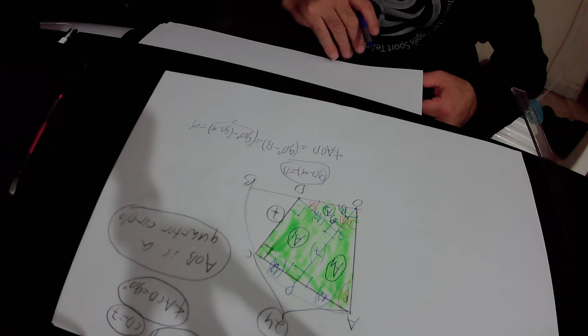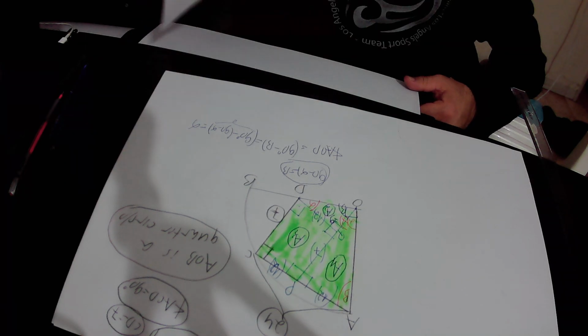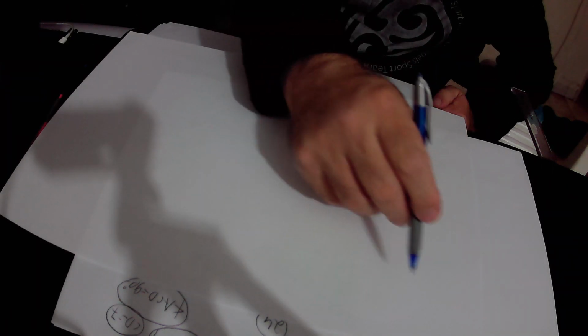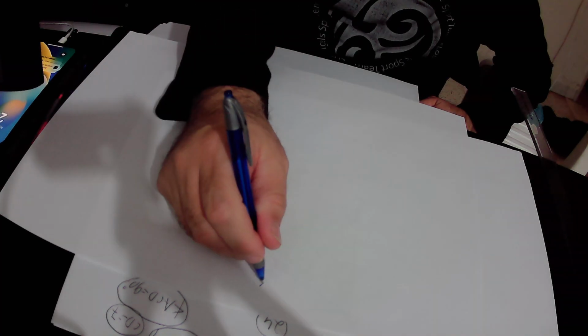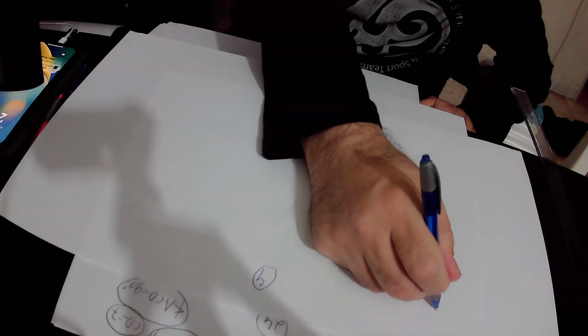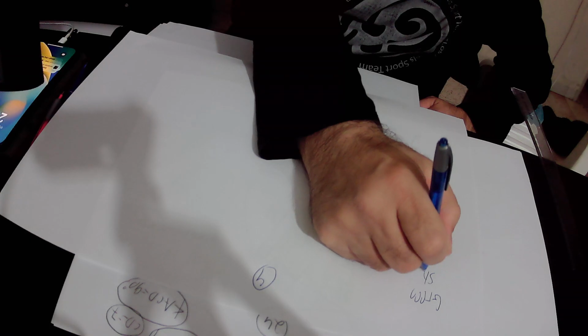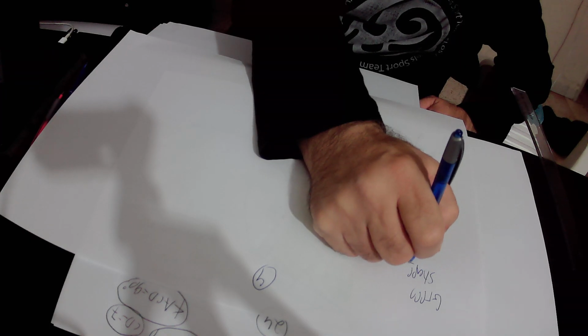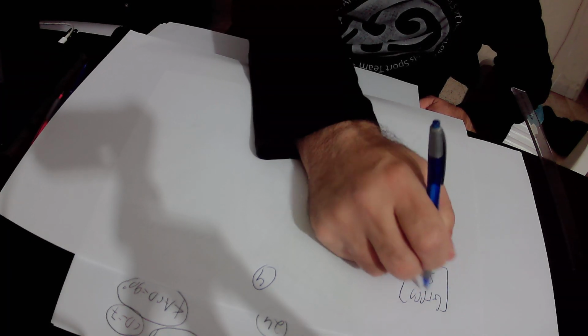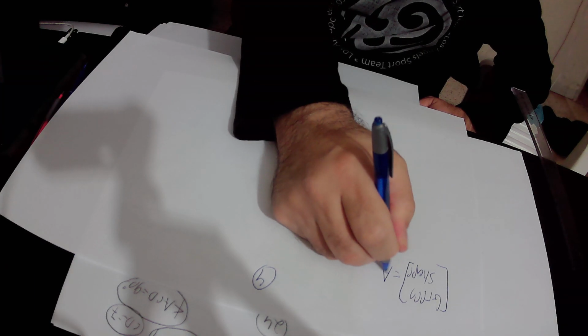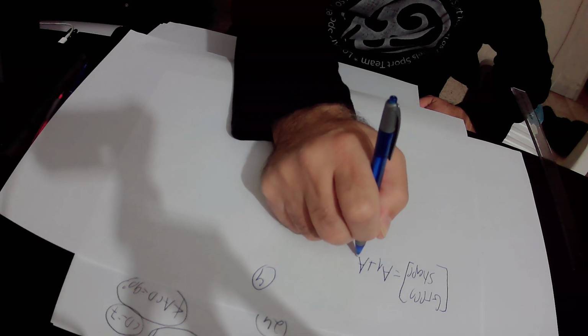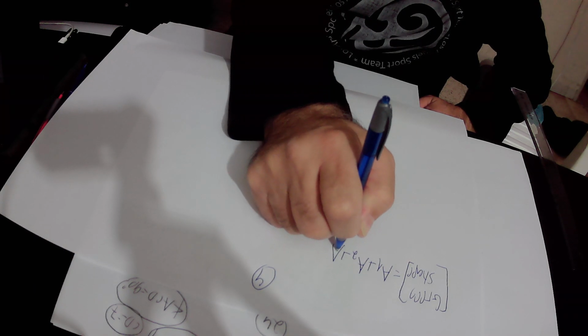So I write it down. The area of the green shape in total will be equal to A1 plus A2 plus A3.